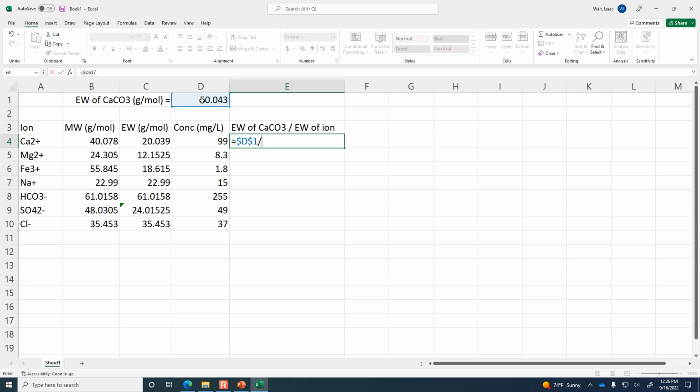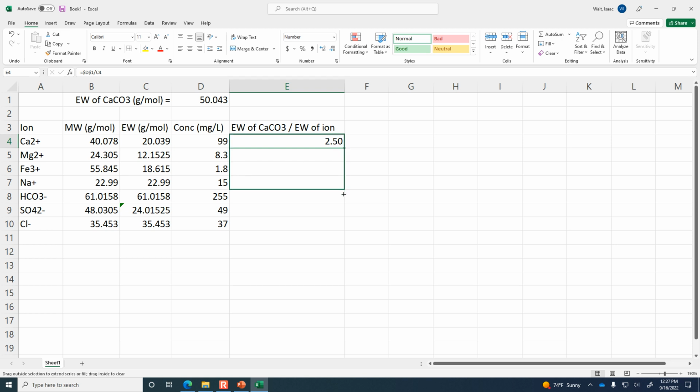Okay, so that divided by the equivalent weight of the ion. It's going to tell me that for every gram of calcium that I've got, it's basically 2.5 grams of calcium carbonate equivalent.